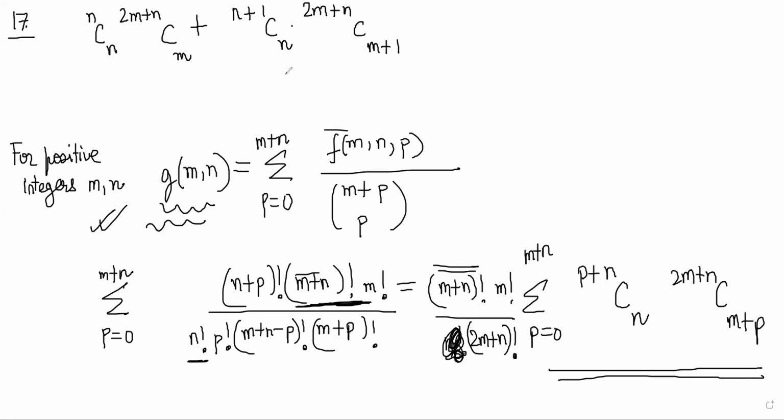It is n plus 2 C n and 2m plus n C m plus 2. So there is a pattern. The difference between the subscript and the top part is m plus n always, right?